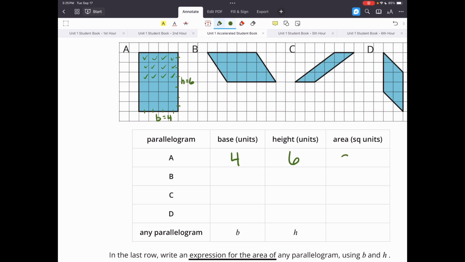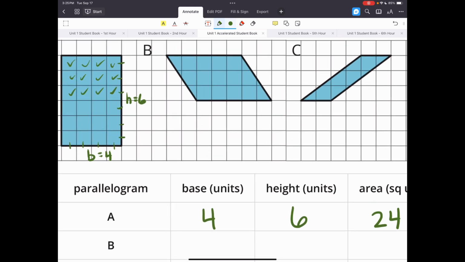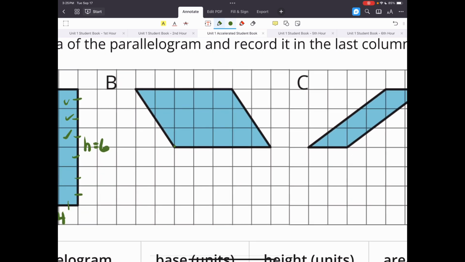And in this case, it's 24. But we've gotten past this point. This is still kind of in the discovery stage where they're trying to get you to identify that base and height multiplied together will be the area. And so we're just going to go ahead and do the calculations as we go. So this is where a lot of kids make errors. You have to make sure that you're measuring just the base from corner to corner.